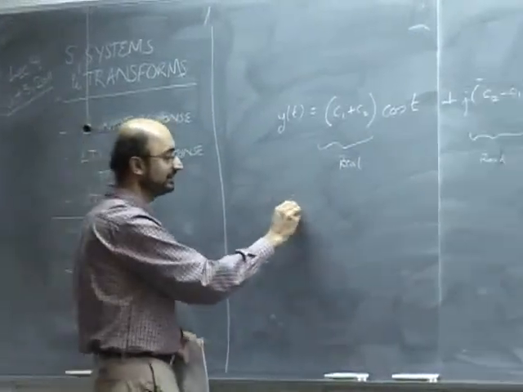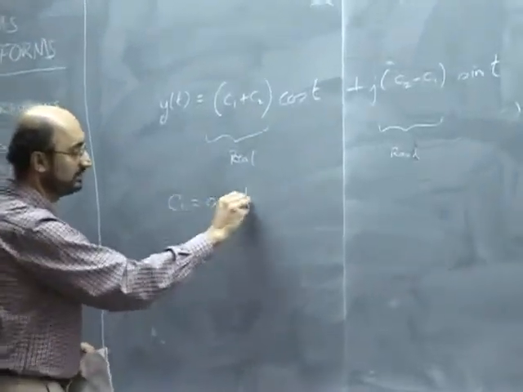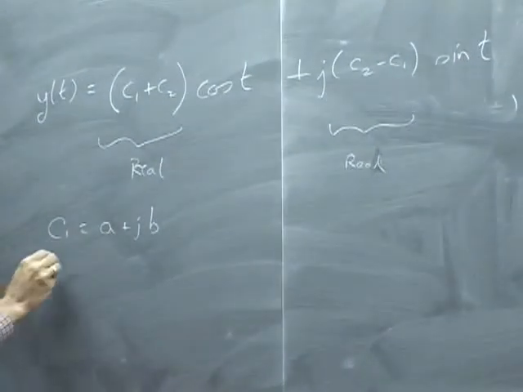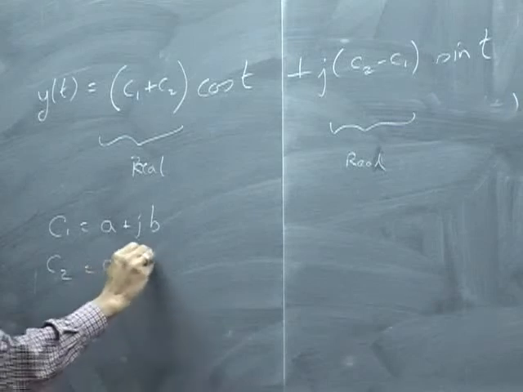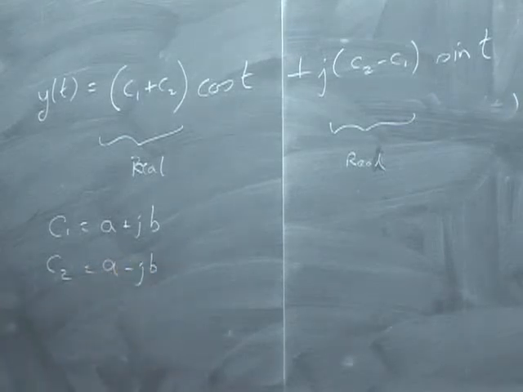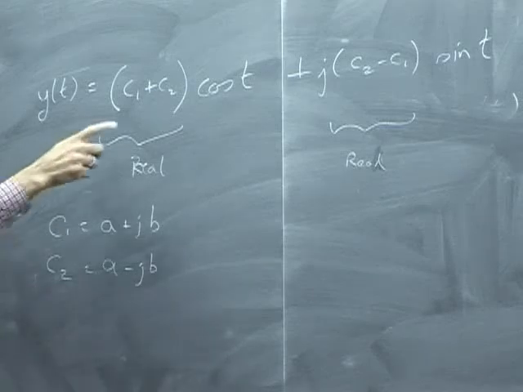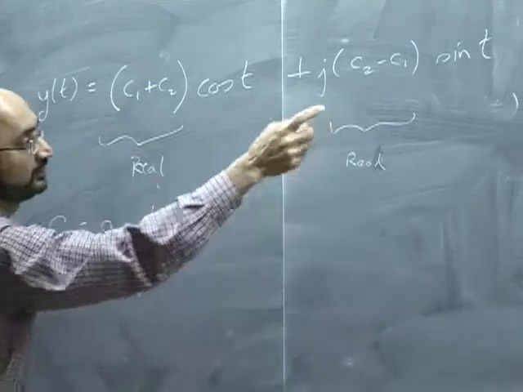So let's just say c1 equals a plus jb, and it will turn out that the only way to get this to work is c2 equals a minus jb. If you don't do it this way, then we're not going to get the fact that c1 plus c2 is real and c2 minus c1 is real.